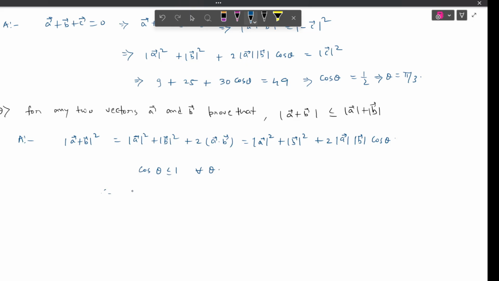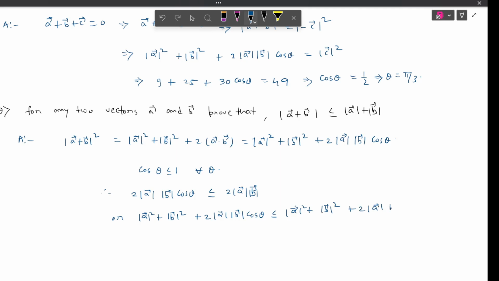So we can say twice mod of A mod of B cos theta should be less than or equal to twice mod of A mod of B. We have multiplied both the sides by twice mod A mod B. And if we add mod of A square plus mod of B square, it will be less than or equal to mod of A square plus mod of B square plus twice mod A mod B.